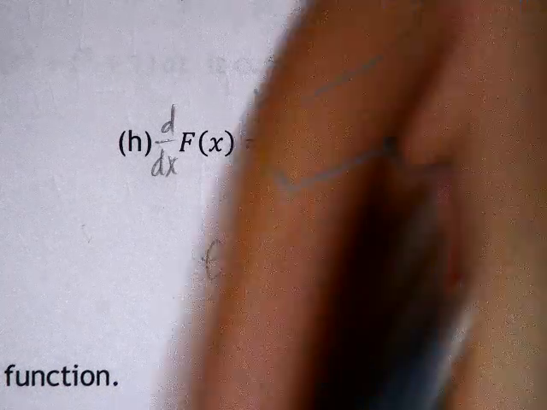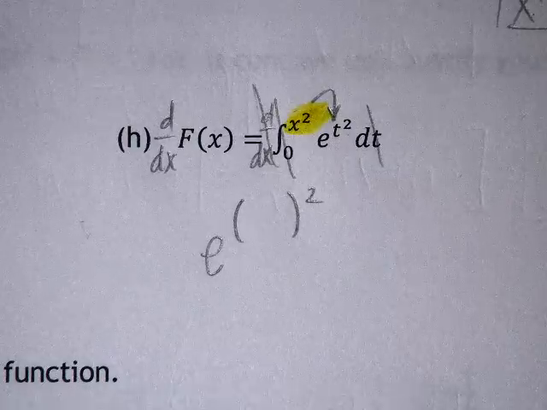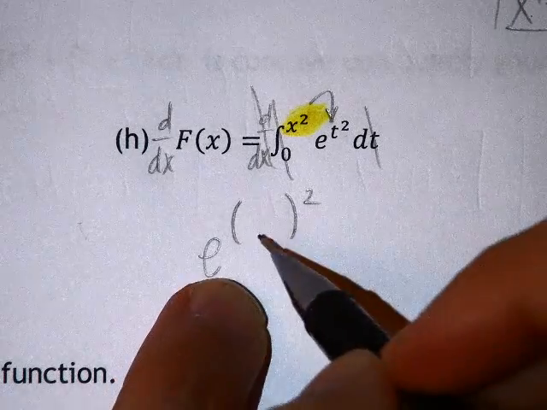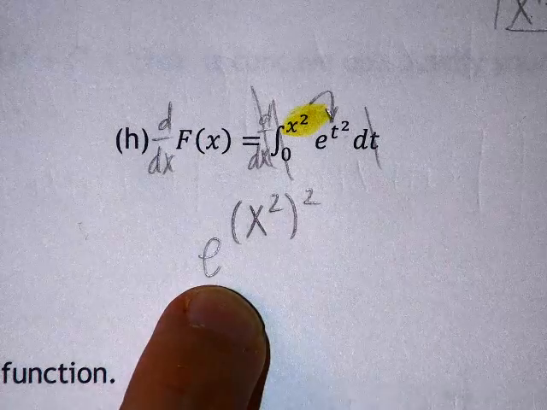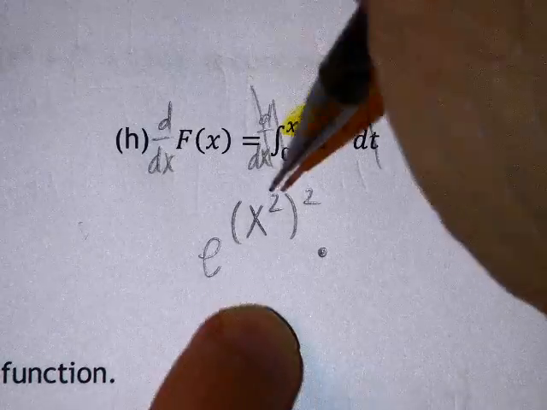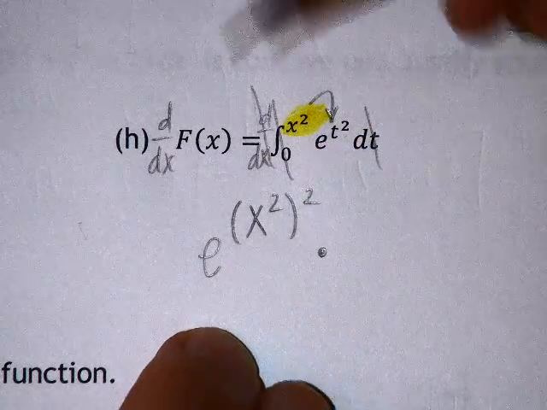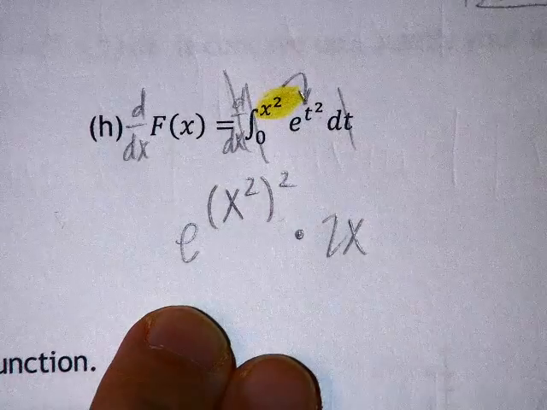So again, x squared is popping in where t used to be. Instead of t squared in my exponent, I'm plugging in my x squared. Then, third and final step, multiply by the derivative of that new inner function, the derivative of that upper limit. The derivative of x squared is 2x.